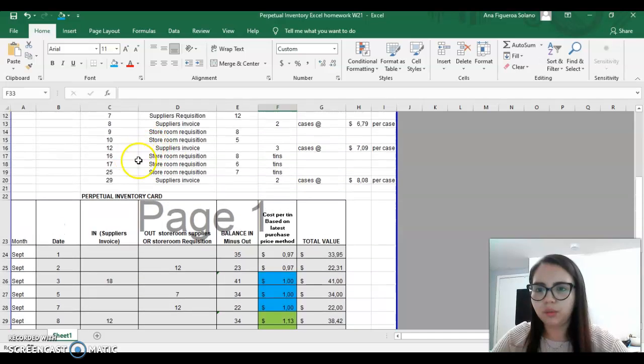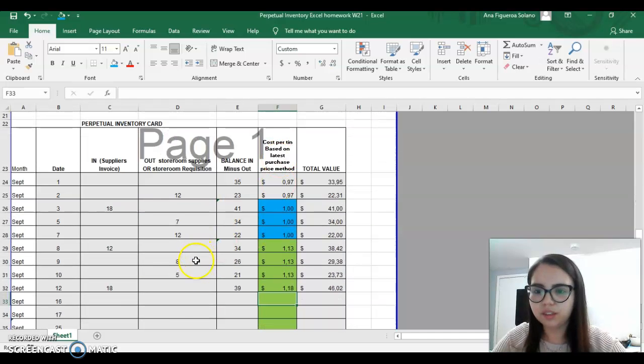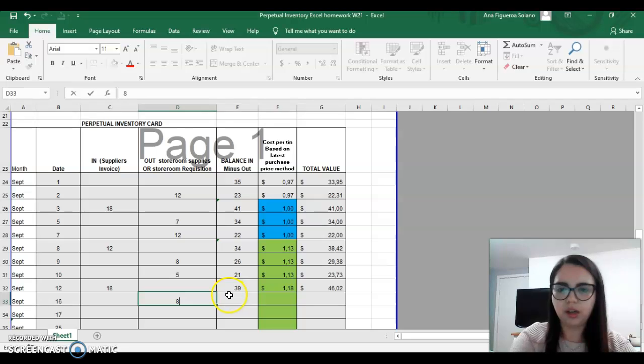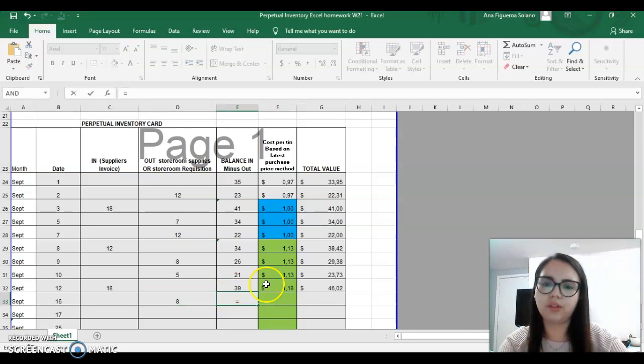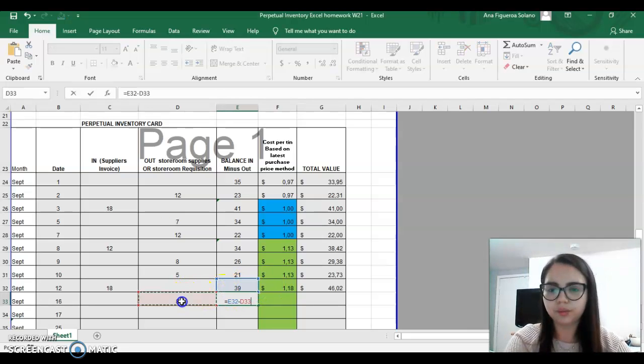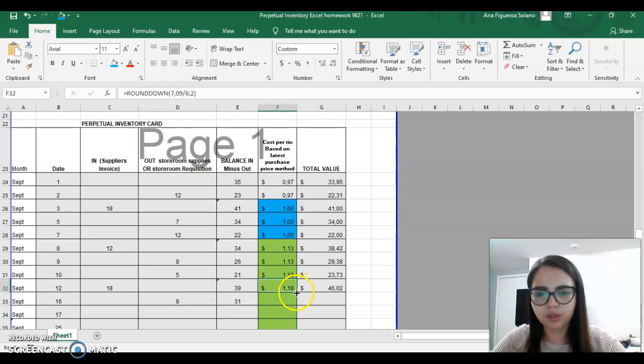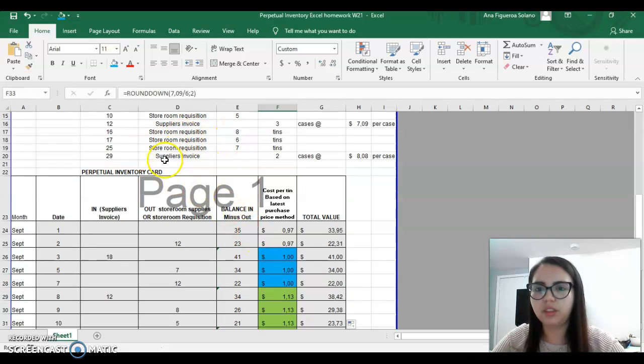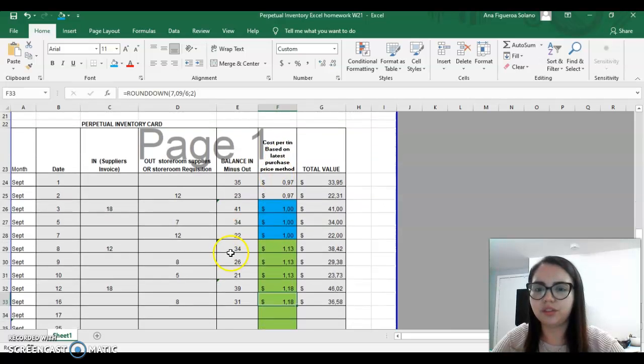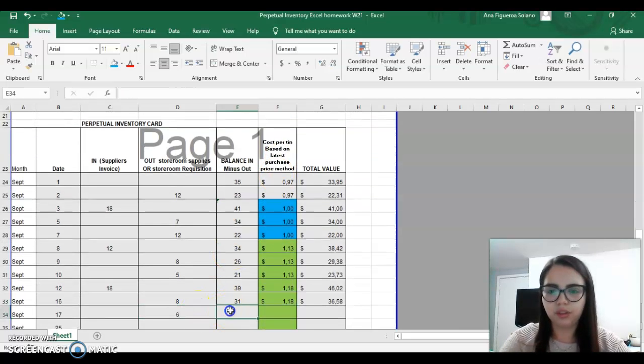For the 16, we have a requisition of 8. So they're going out. Therefore, we're going to subtract them. And we can use autofill because the price is going to be the same. And same here, it's already with the round down function. September the 17th, a storeroom requisition of 6. They're going out again.